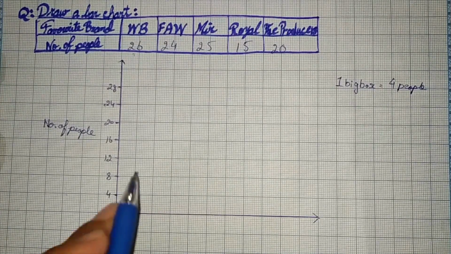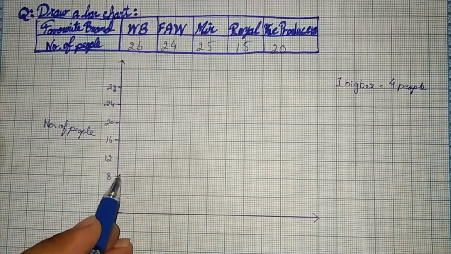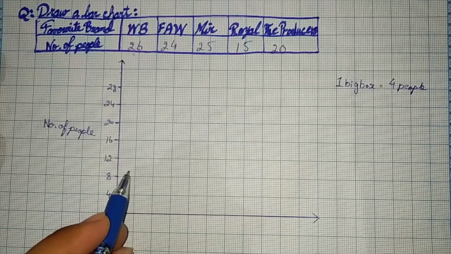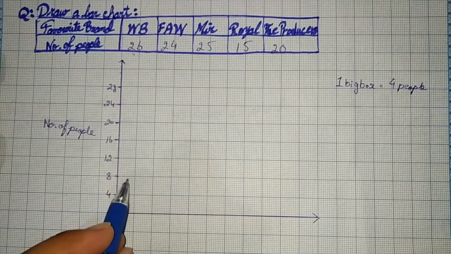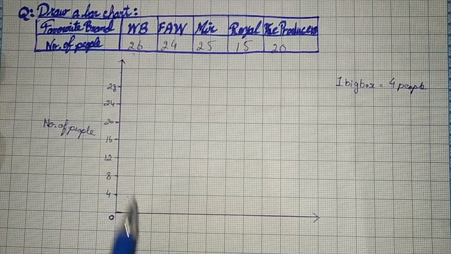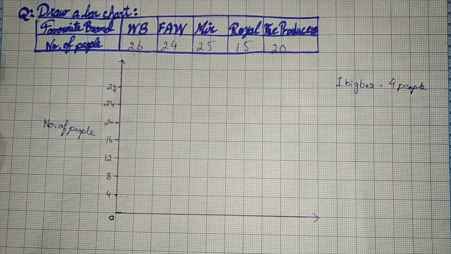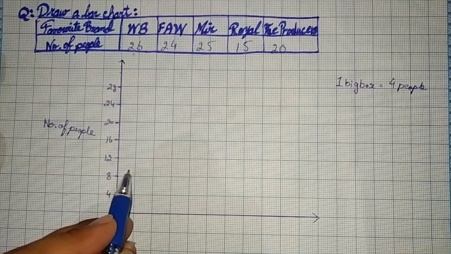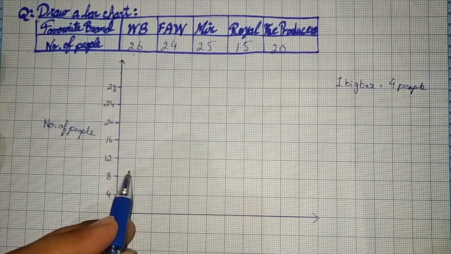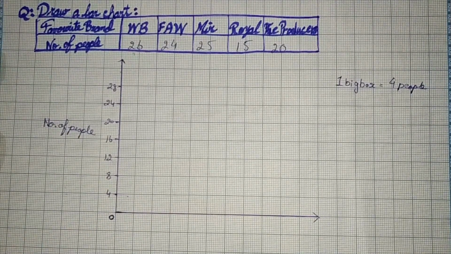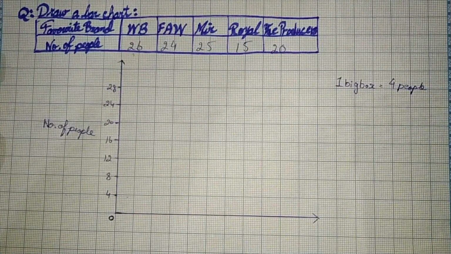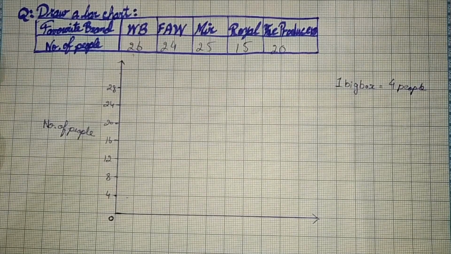So one big box contains 10 small boxes. Actually, we have to scale these small boxes also.